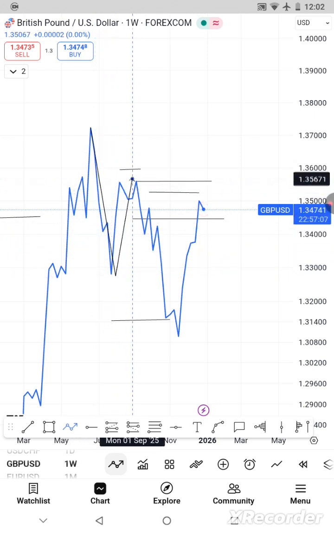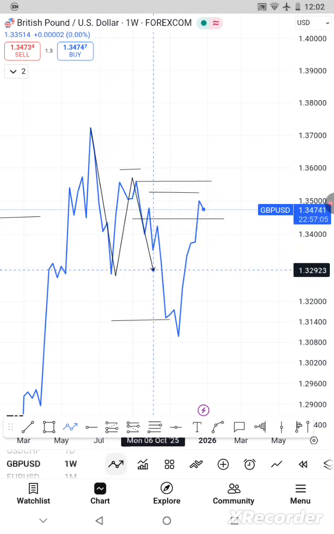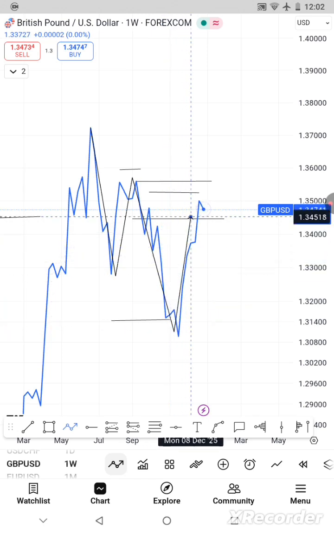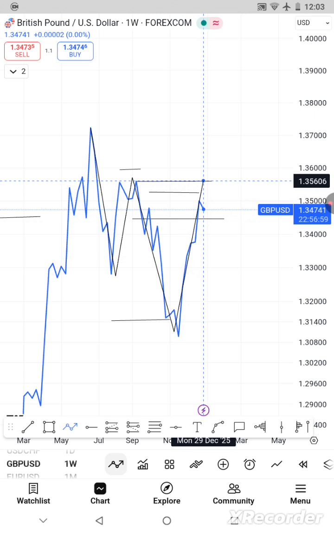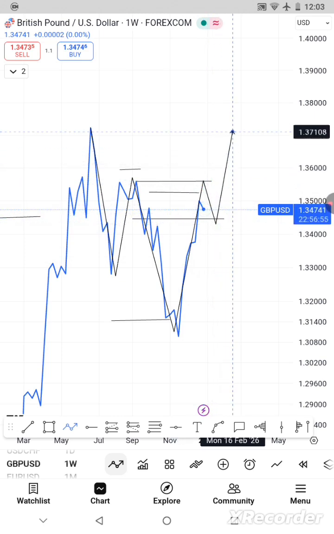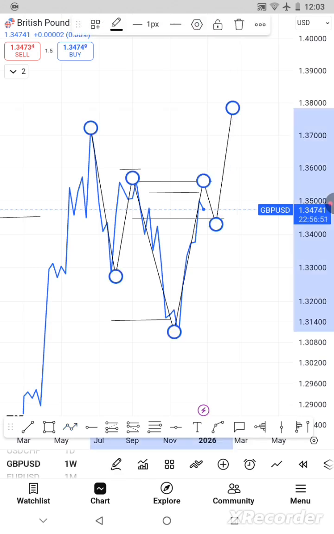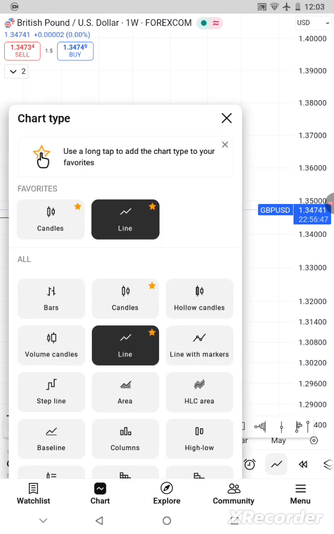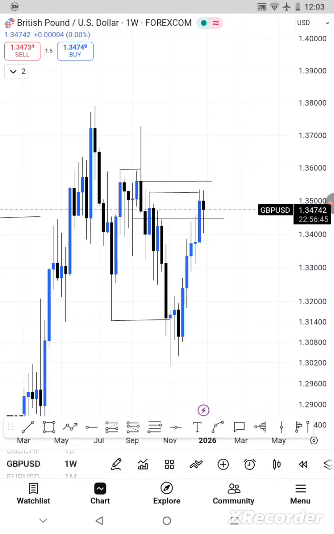It's retracing on the line chart. So right now we're expecting a deeper retracement to somewhere like this, before the monthly structure kicks in.